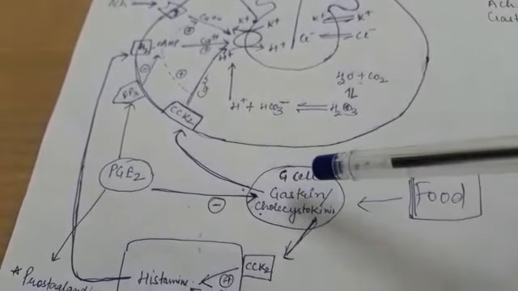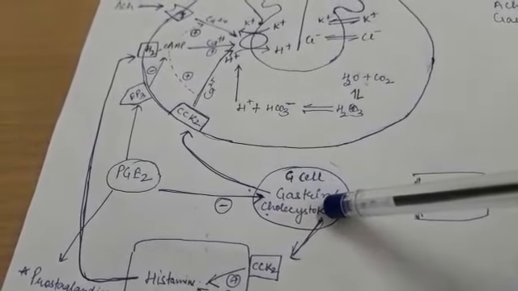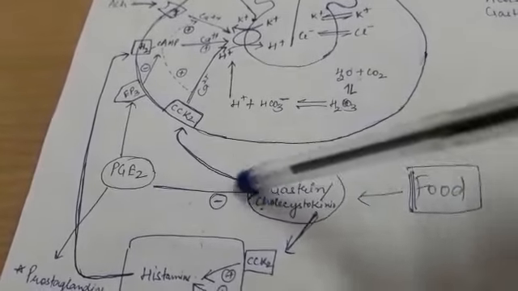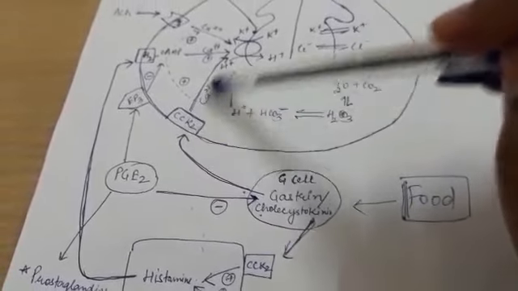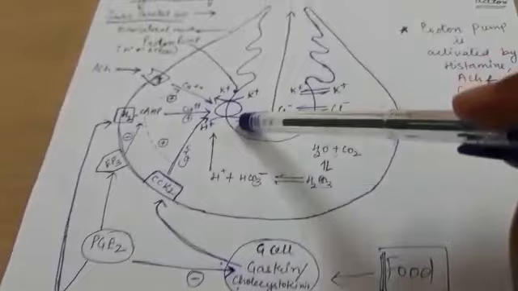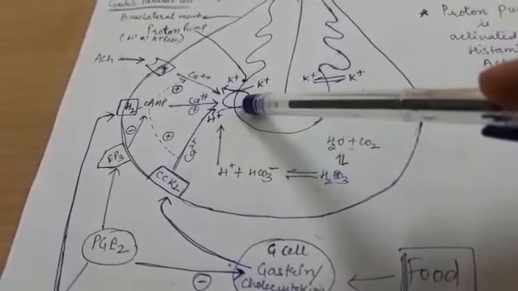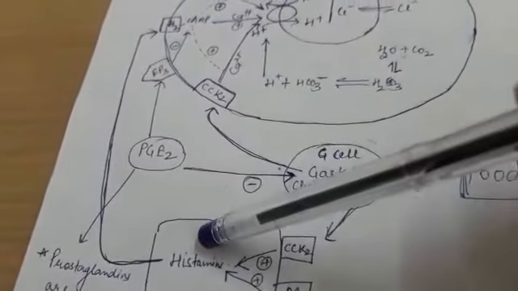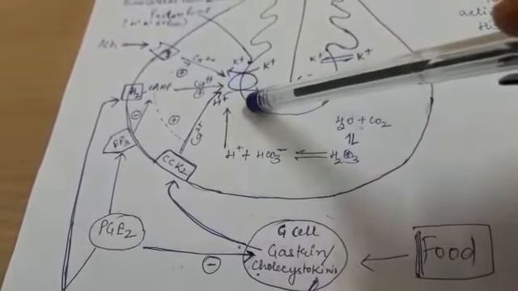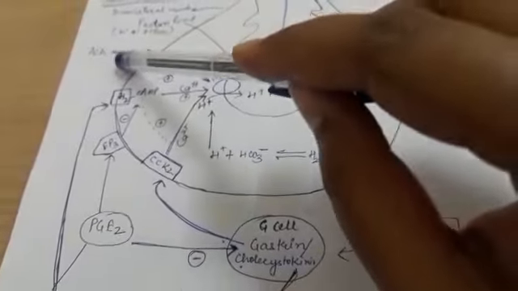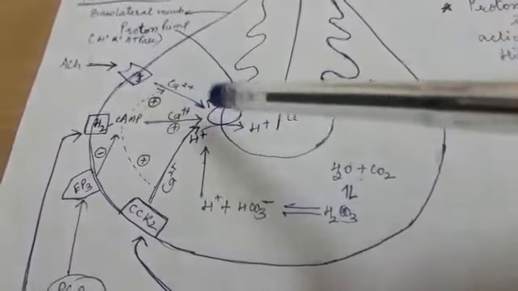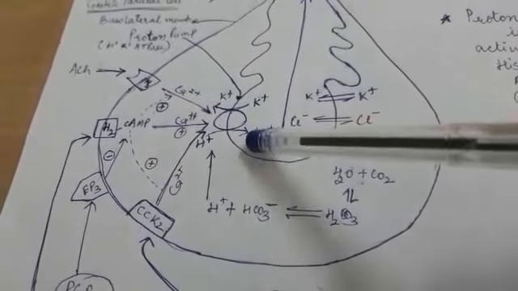When food enters the stomach, the G cells are stimulated and they secrete gastrin. When gastrin binds to CCK2 receptors, it activates this proton pump. When histamine is released from histaminocytes, it binds to H2 receptors and activates the proton pump. And when acetylcholine binds to muscarinic receptors, it also activates this proton pump.